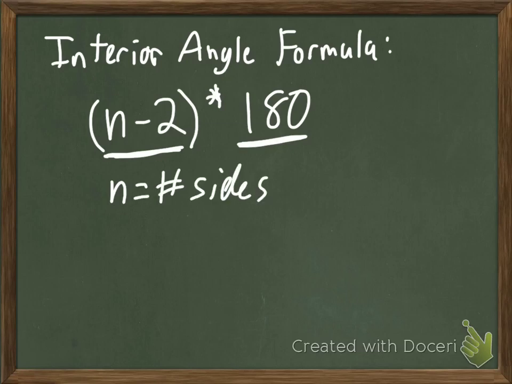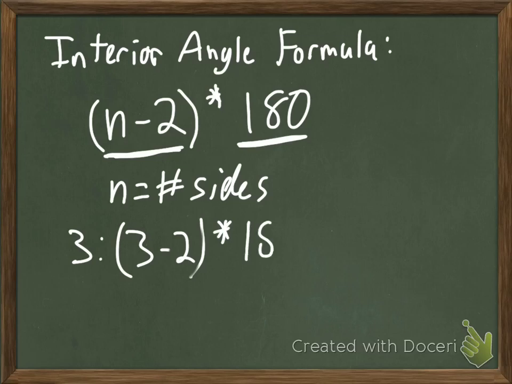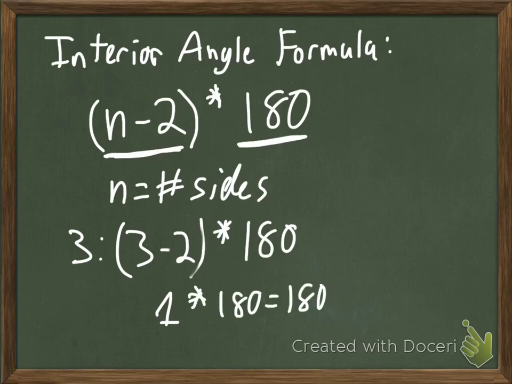So let's just look at the triangle. Triangle has 3 sides. So we do 3 minus 2, times 180. 3 minus 2 is 1. 1 times 180 is 180. So that's where we get that 180 degrees, and that's our formula, (n minus 2) times 180, with n equal to the number of sides.